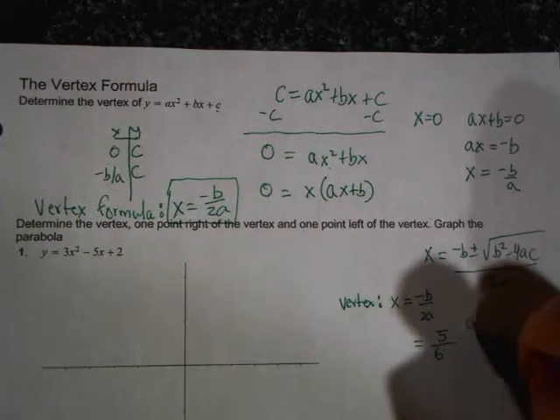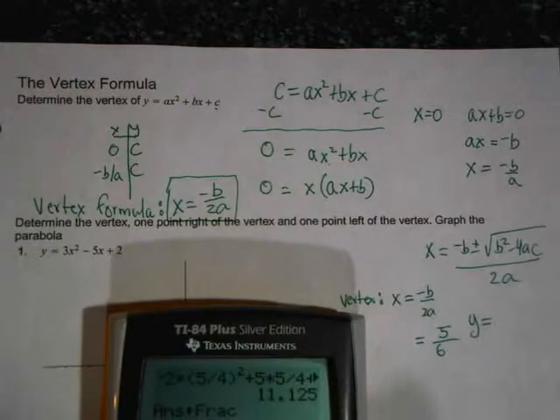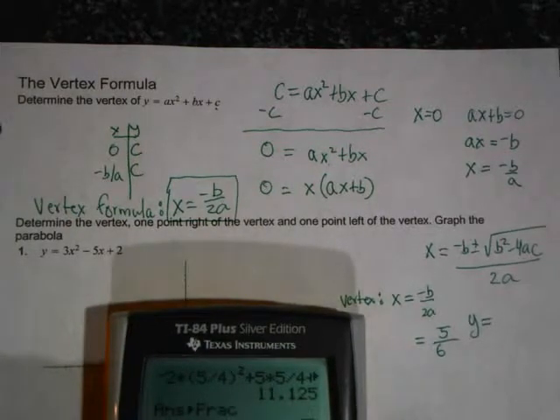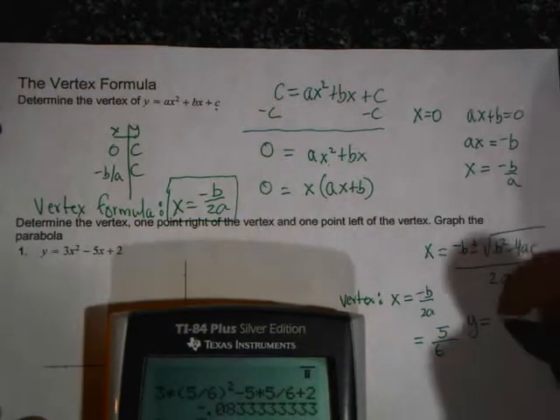And then we have to find the y number. So we plug in 5/6. 3 times 5/6 squared, minus 5 times 5/6, plus 2. Very small number, just below 0. Again, I'm going to give it as a fraction. Negative 1/12.